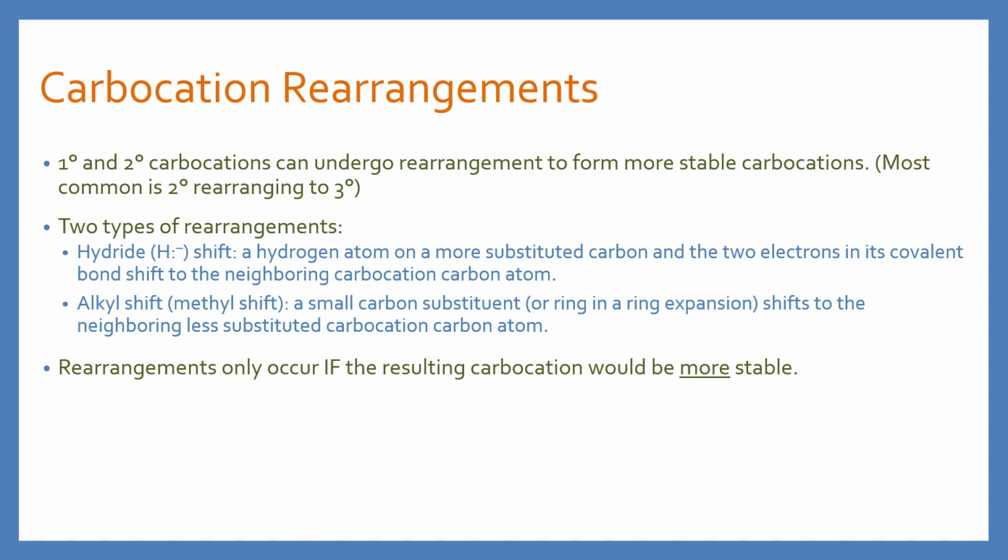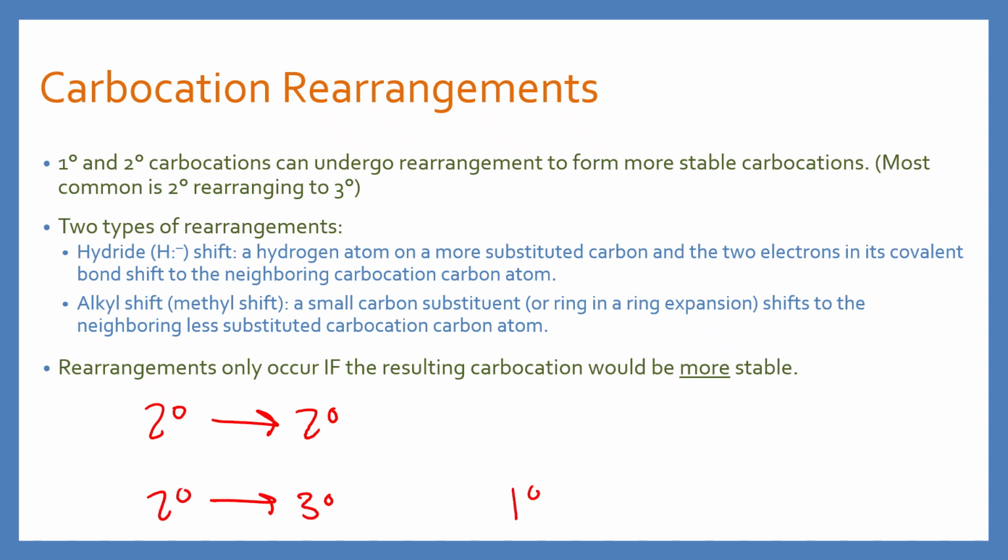Rearrangements occur only if the resulting carbocation would be more stable. You will never see something like a secondary carbocation rearranges to a secondary carbocation because that would not be an improvement, and the actual act of rearrangement has a significant energy cost. So there also has to be a significant energy payoff. So you'll see things like secondary going to tertiary.